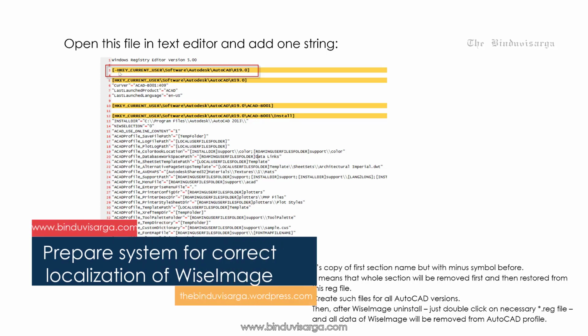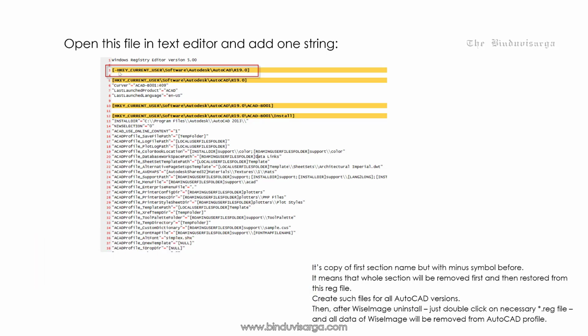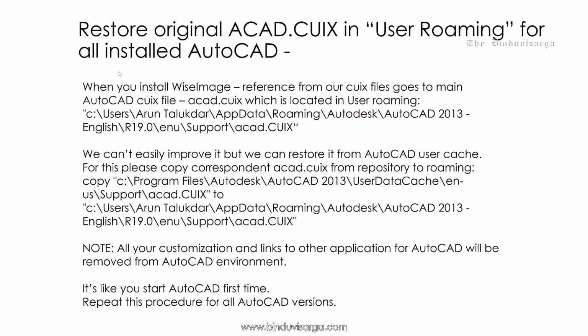So create such a file for all AutoCAD versions. Then after WiseImage is uninstalled, just double-click on the necessary registry file and all data of WiseImage will be removed from the AutoCAD profile. So it's a time saver.